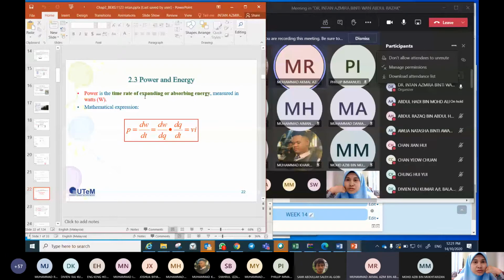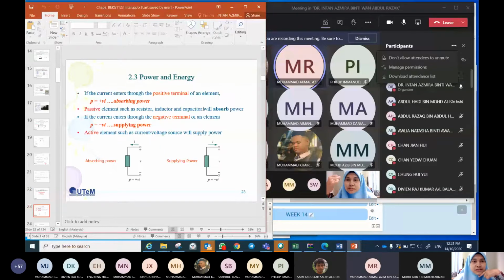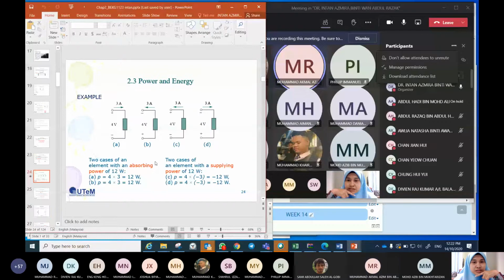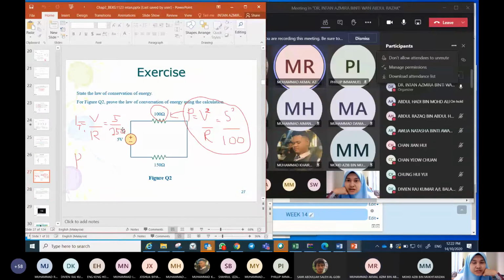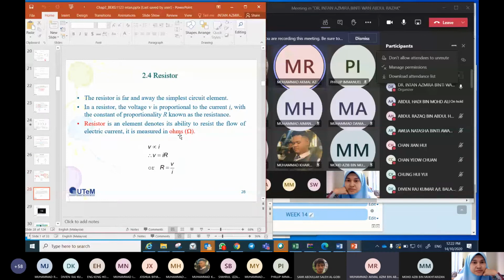Passive elements like a resistor absorb energy. Active elements like a voltage source supply energy. So these are the notes on power and energy. This is the calculation of energy and power.